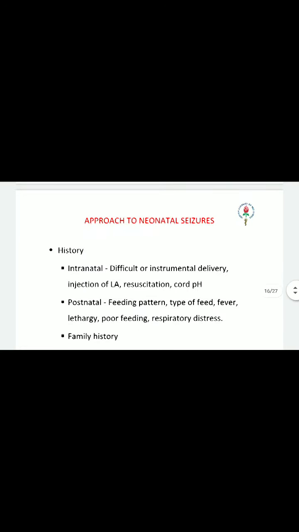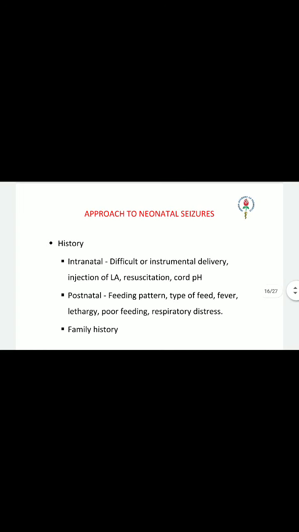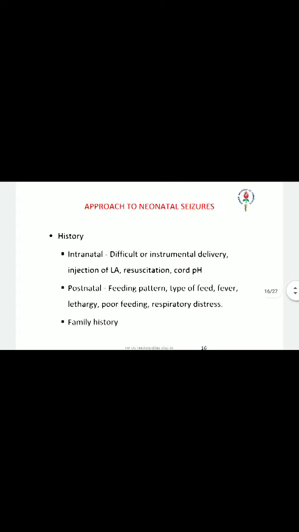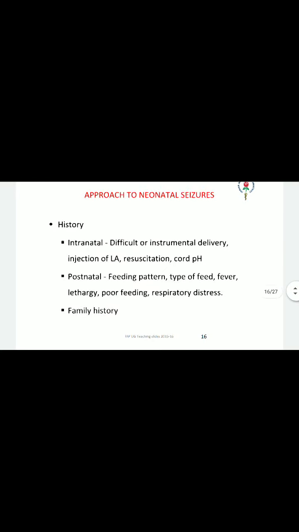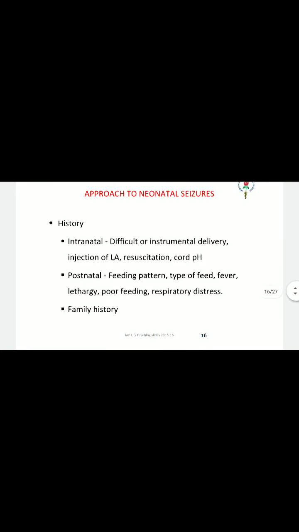And intranatal history, like is there any difficult labor or instrumental delivery? Was there a local anesthetic inadvertently injected into the fetal scalp? Lignocaine can produce seizure, please remember.